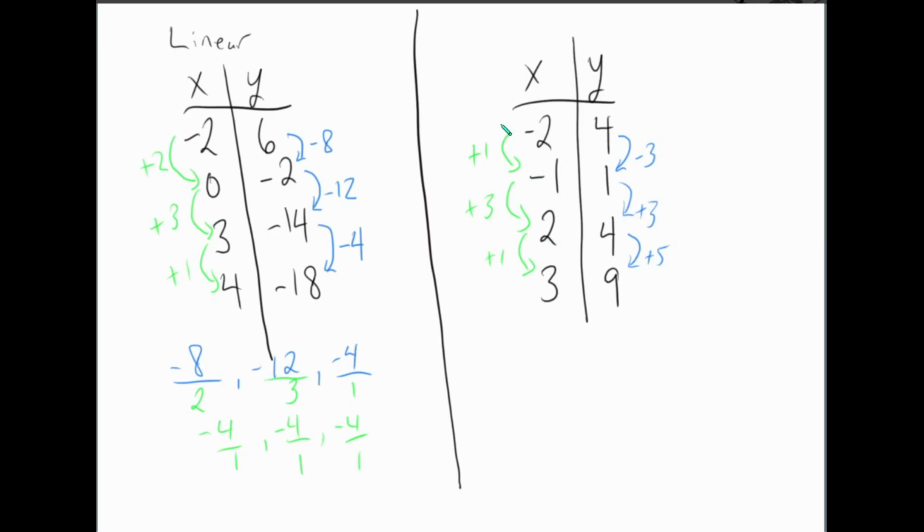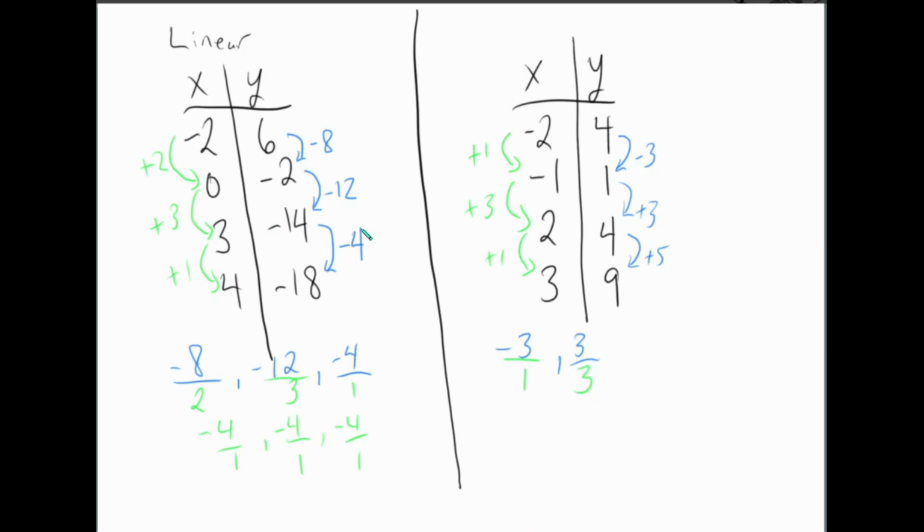So now if I compare these ratios, my first interval for y's, the first change was negative 3, where the first interval over the change of x was positive 1, so over 1. My second interval over y was an increase of 3, and then my change of x for that corresponding interval was positive 3.